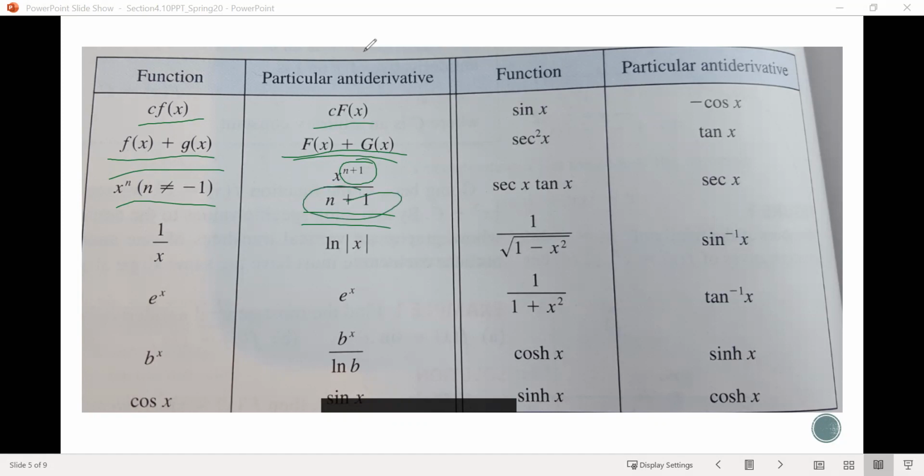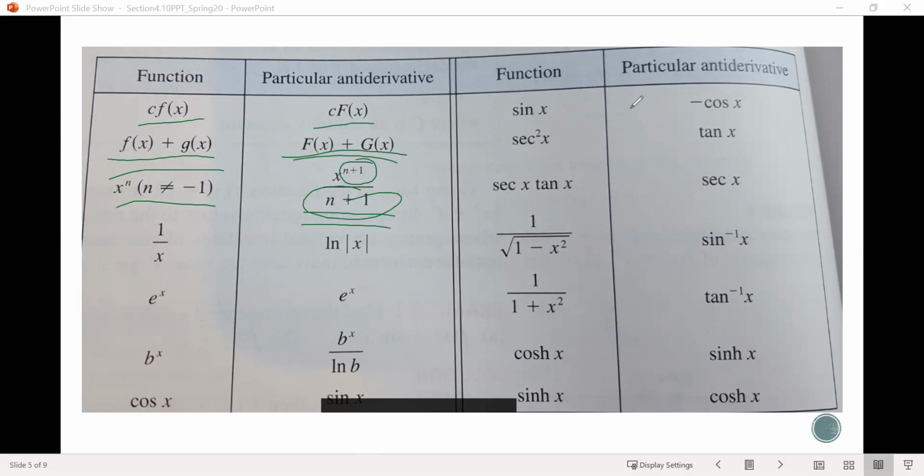And that's an example of that. If you're taking the antiderivative of x cubed, well, notice if I add 1 to the exponent, that gives me 4. And if I multiply that by 1/4, you can check that if you take the derivative of that, you get x cubed. Okay.